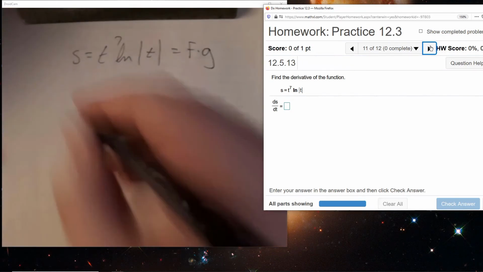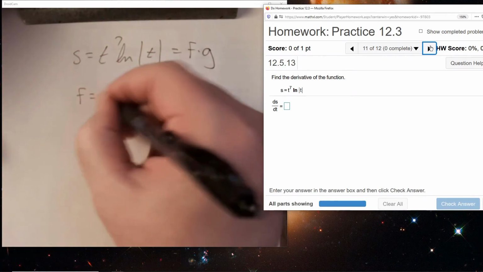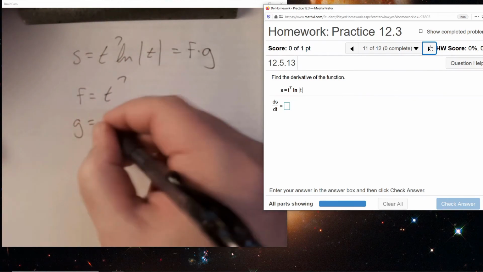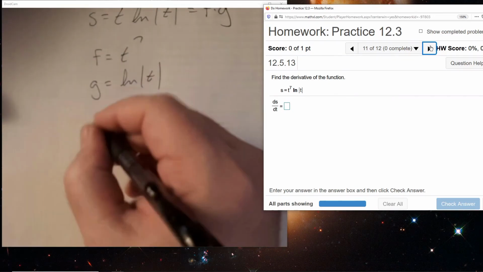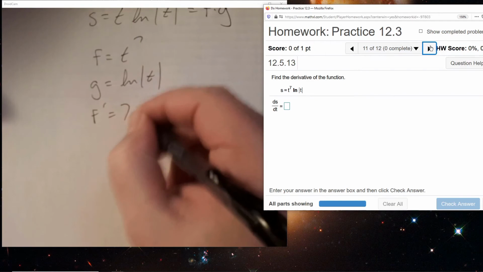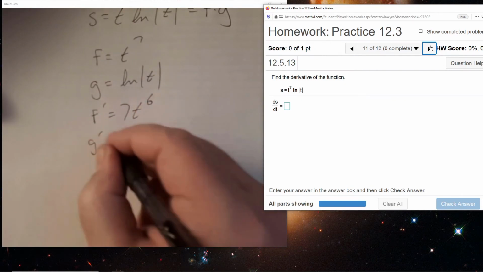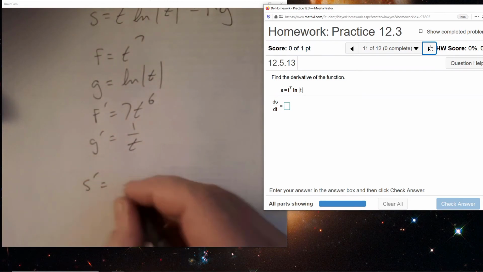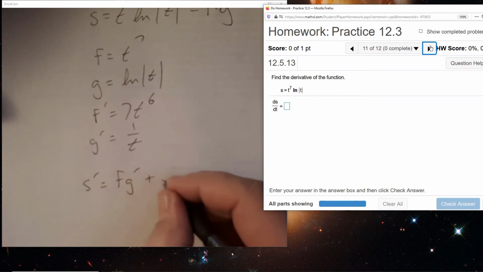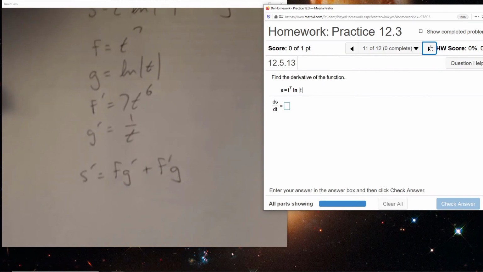So we use product rule. Once we define f and g, we'll take those derivatives and then we'll put those together in the product rule.